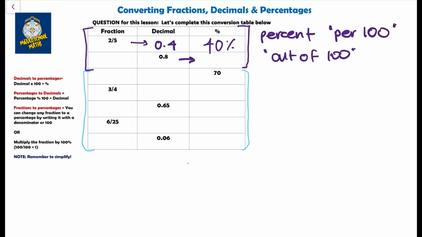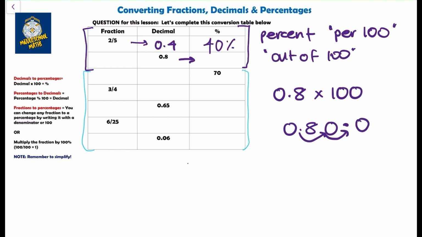So like we did in the previous question, we know that we have to do 0.8 times 100 to get it to a percentage. And that means just moving the decimal place to the right. So we can see that 0.8 equals 80%. And we can add that into our table.